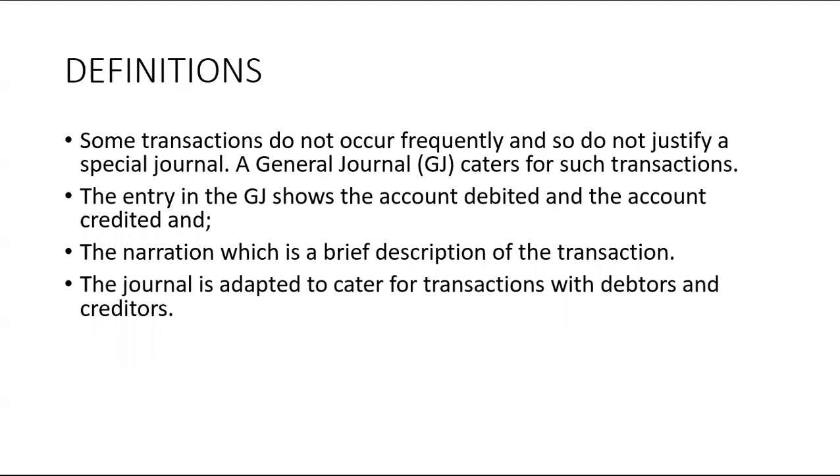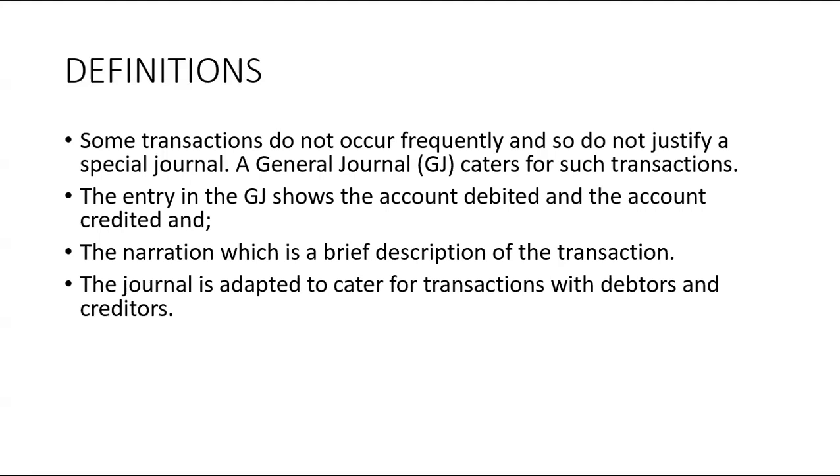Under the debtors control column, you will have the debit and the credit. On the debit side, it's simply all the transactions that affect the debtors control and increase what the debtors owe us. And on the credit, it'll be all the transactions that affect the debtors control but decrease what the debtors owe us.